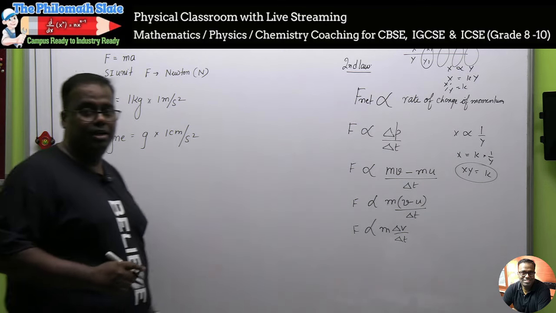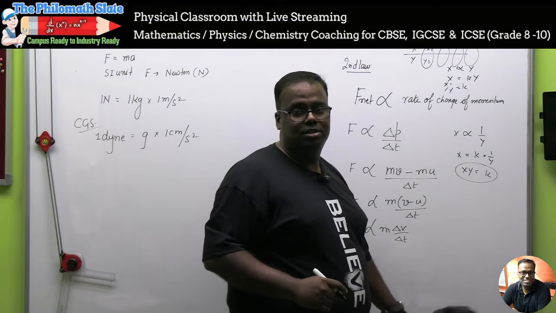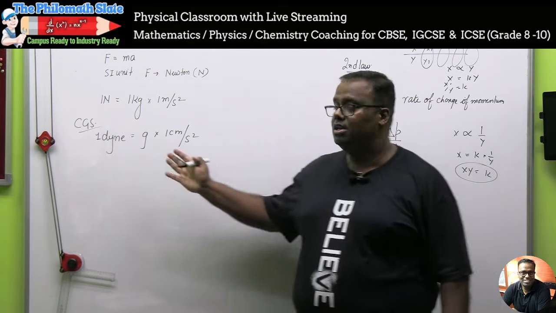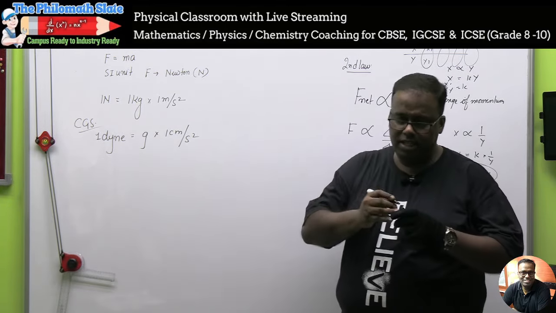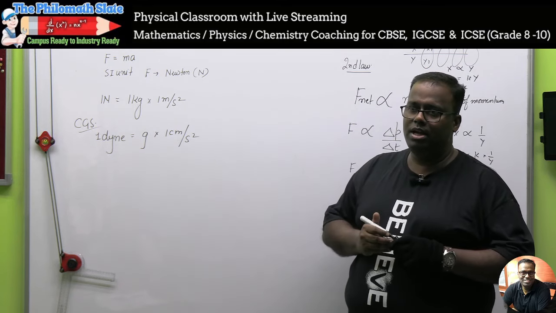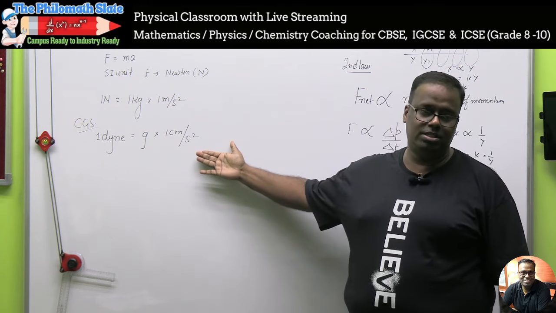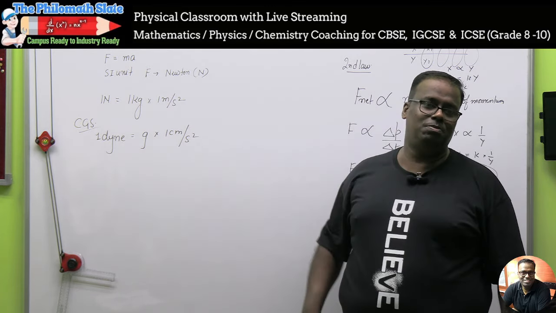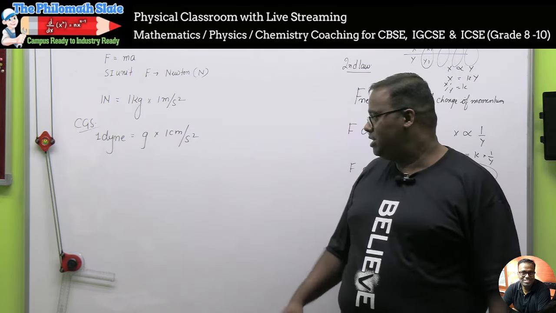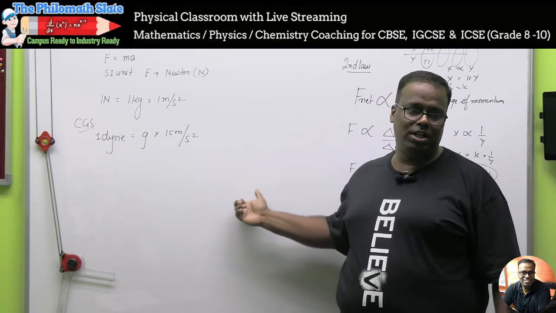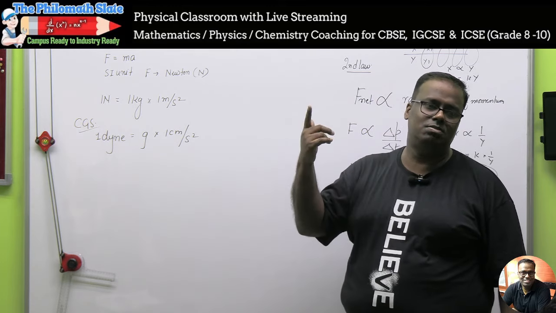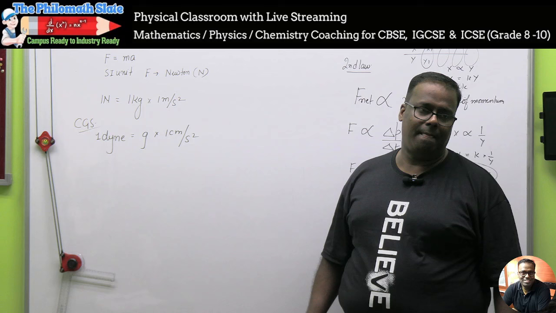Dyne मत लिखना. So what is 1 dyne? 1 dyne is a very small force. It is the force which when acts on a body of 1 gram produces an acceleration of 1 centimeter per second square.